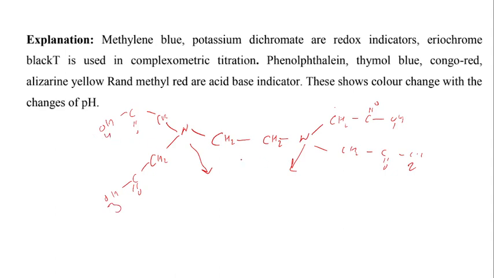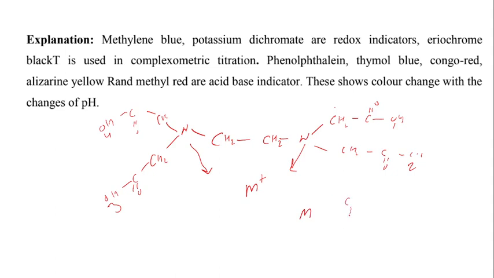So this one ligand can attach to the metal from 6 sides. So this will make a complex with this metal. This type of reaction is known as complexometric titration.